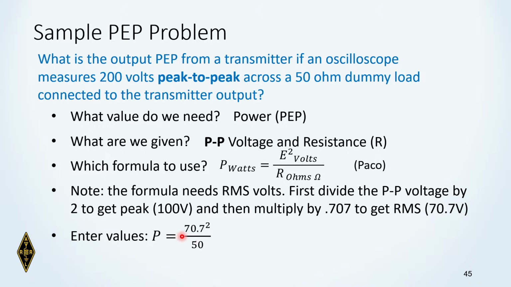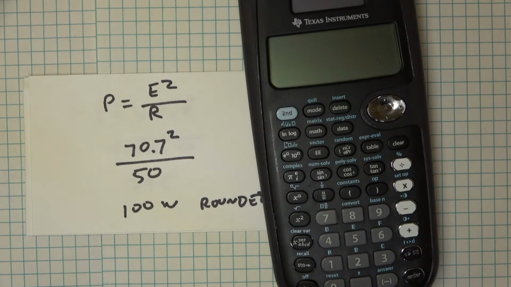I didn't give all of the steps here, but this is the 70.7 that we've got squared over 50. It's E squared over R. And we'll take a look at this on the calculator cam in a second. We're shooting to get 100 watts.